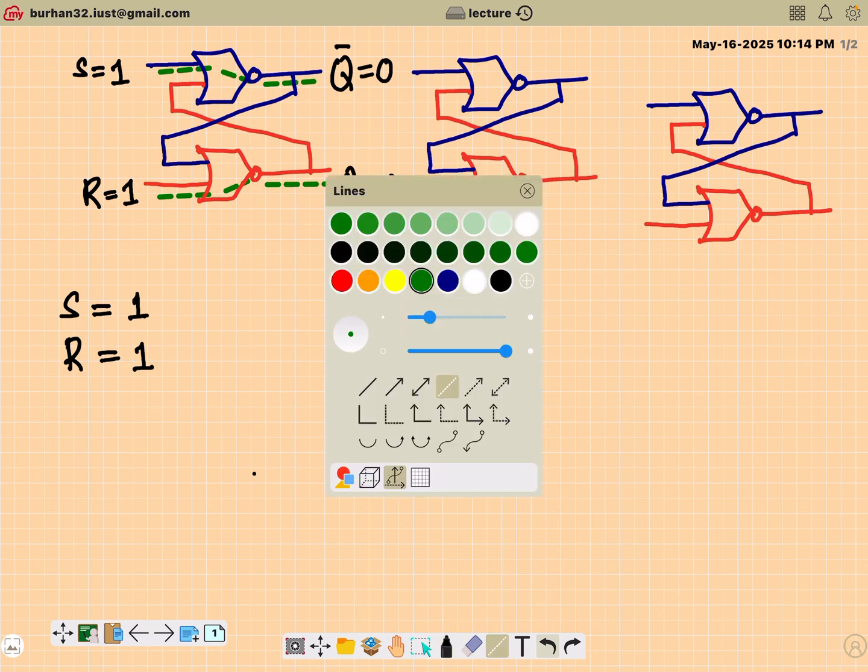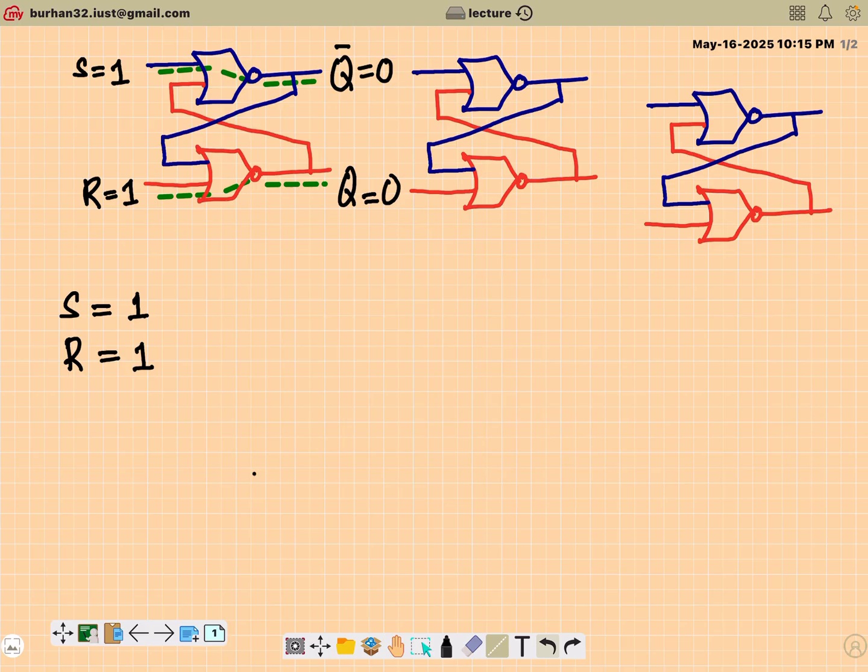Not only that, if we actually go through the analysis, because of the feedback connection, this Q will ripple here and this Q bar will ripple here, which means after some time, the second input of this NOR gate will be 0 and the second input of the other NOR gate will again be 0.